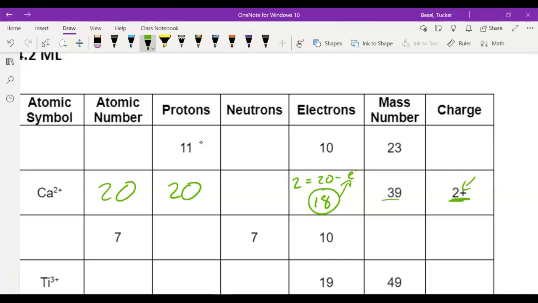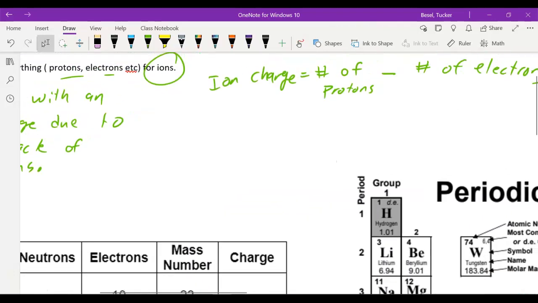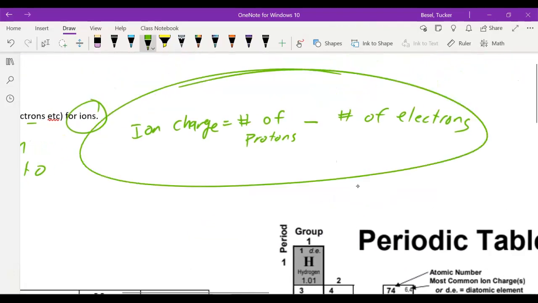But the thing that gets a little confusing about this is that electrons are negatively charged, protons are positively charged, we're subtracting here, right? So there's a lot that you could get a little confused about. So my recommendation is choose one method and go along with it. And if you're not sure, you're learning right now, so why don't you go along with the method I'm showing you here. So I just used this equation here, which is number of protons minus number of electrons.